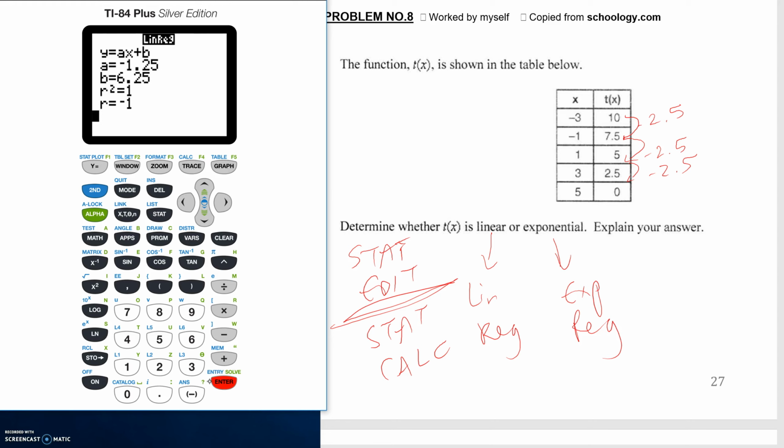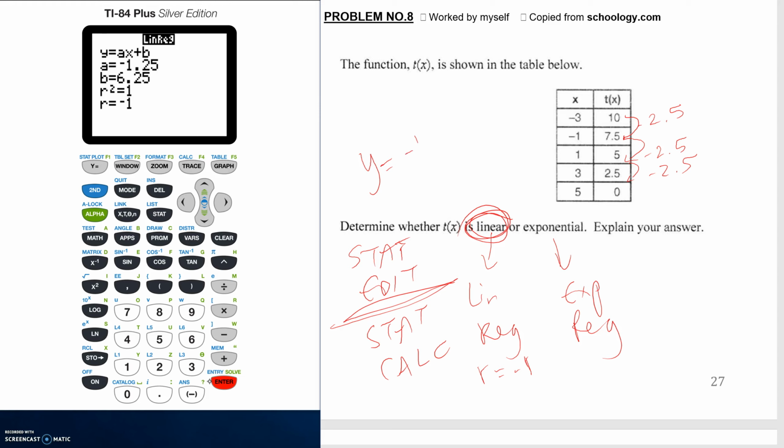We're going to see that when we do LinReg, our r is -1. When you get an r, a correlation coefficient, of 1 or -1, it is a linear function, and you need to write that r of -1 tells you it is a linear function, and the equation is -1.25x plus 6.25.